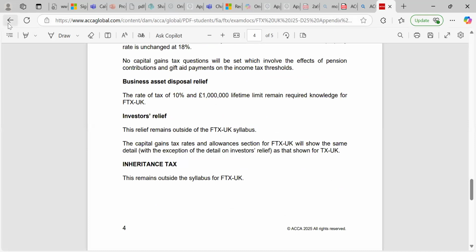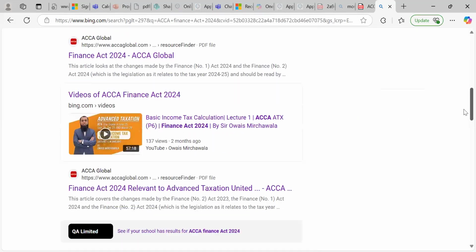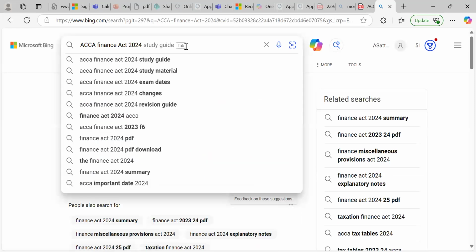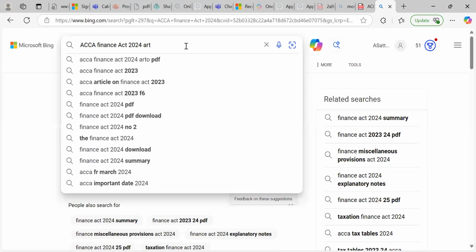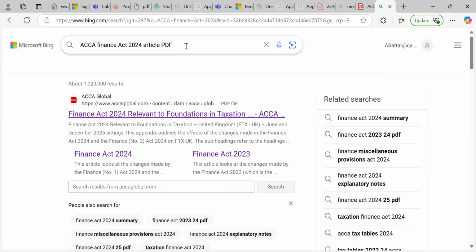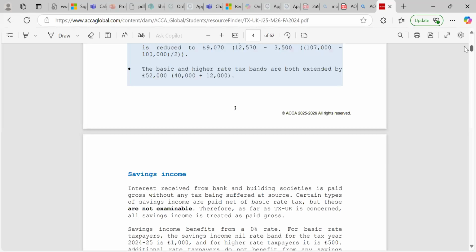These are a few good articles to look at, and I'll put them there.